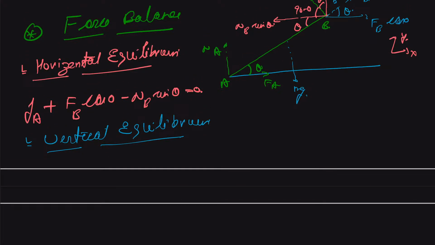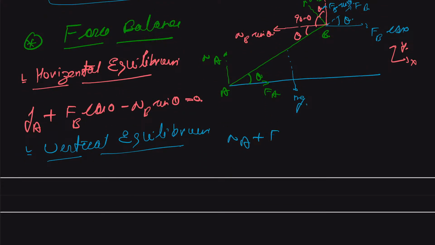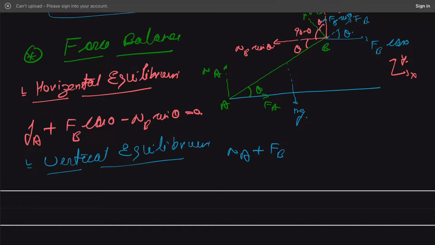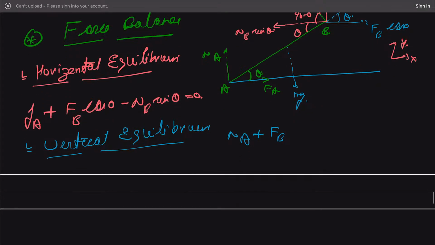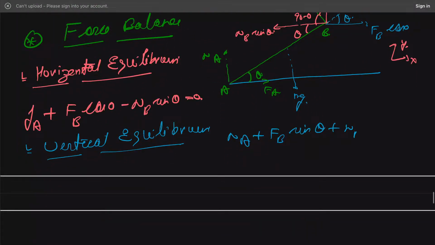we get NA plus FB sine of theta, plus NB cos of theta is equal to 0.